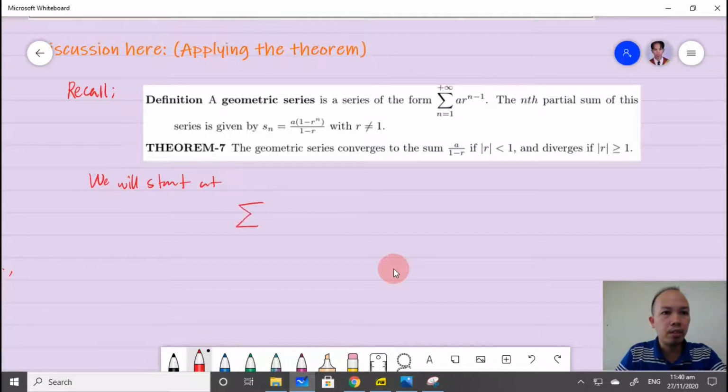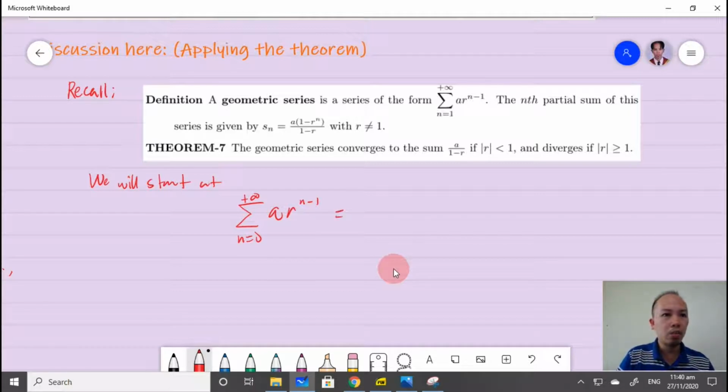Remember that this series starts at n equal to 1, but we will start at n equal to 0. Let's derive it, because our goal is to have a power series, meaning we have an x in it.